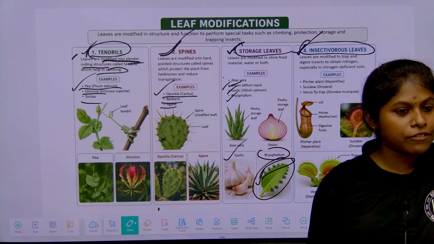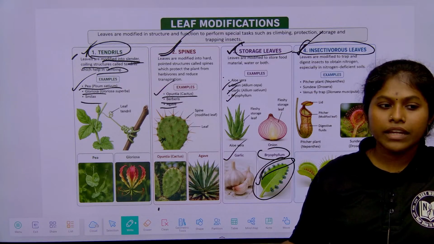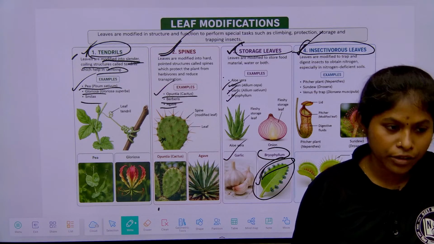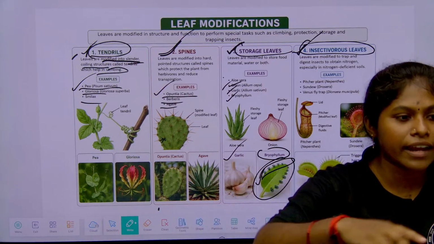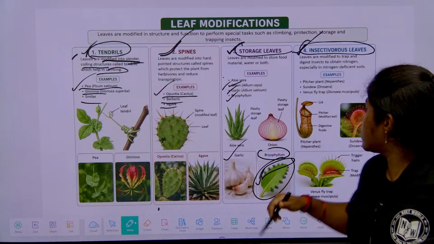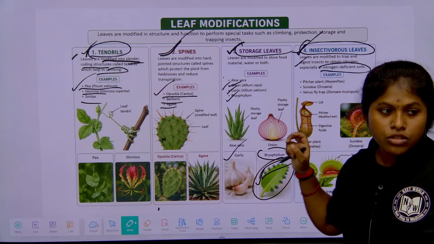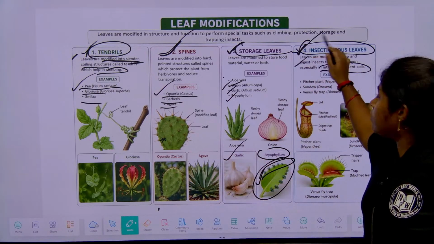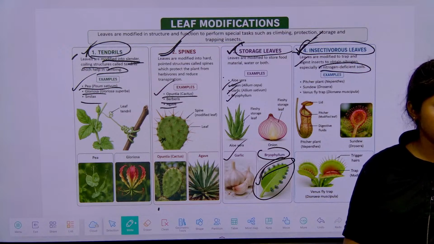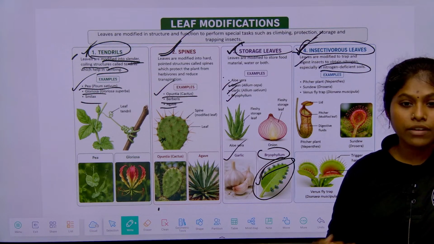Our main staple foods, rice and wheat, require more nitrogen, and this is how we indirectly get it. They grow in nitrogen deficient areas, so they also require nitrogen. For that the insectivorous leaves are modified, to survive themselves.